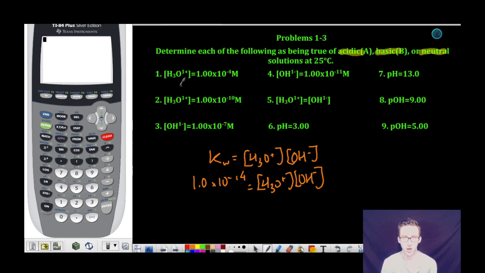In question number 1, we're given a hydronium ion concentration of 1.00 times 10 to the negative 4. We know that Kw has to stay constant at 1.0 times 10 to the negative 14, which if I solve for x would give me a hydroxide ion concentration of 1 times 10 to the negative 10.